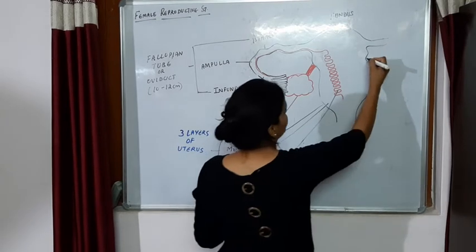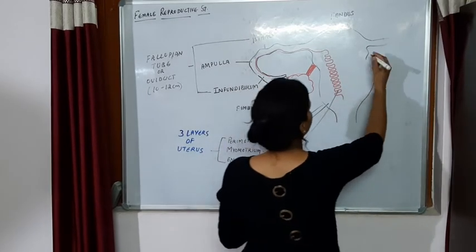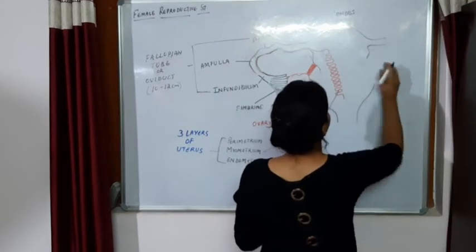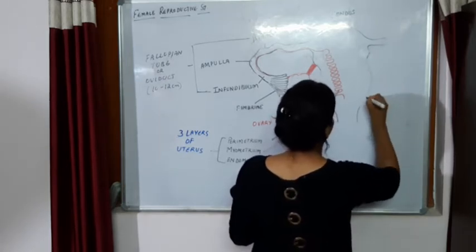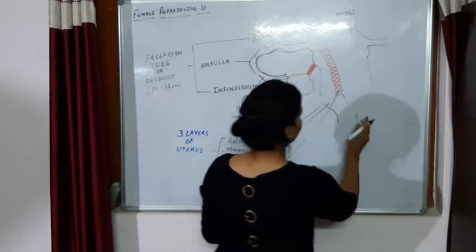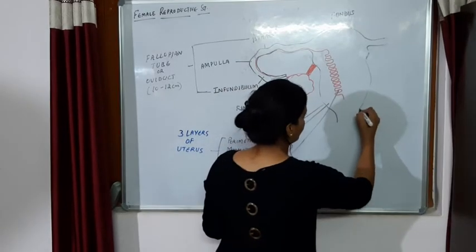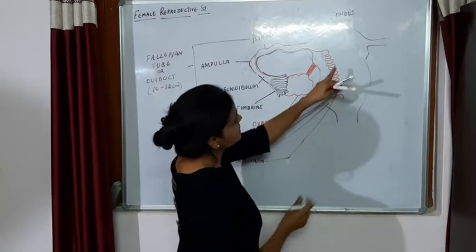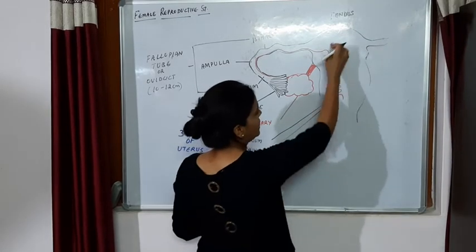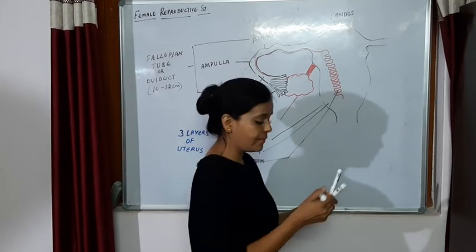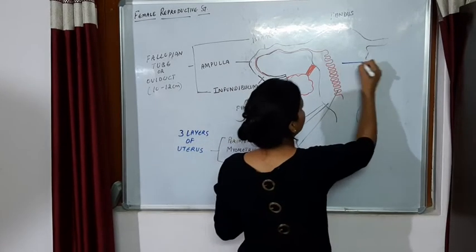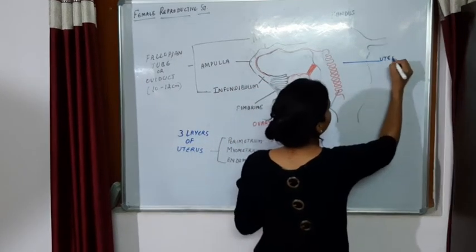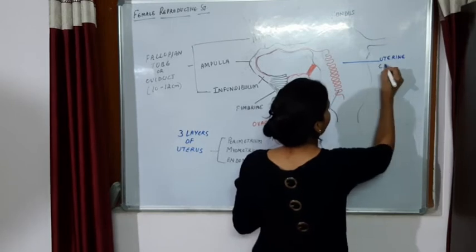So this is the uterus, and this hole is the uterine cavity. So let me label it: this is the uterine cavity.